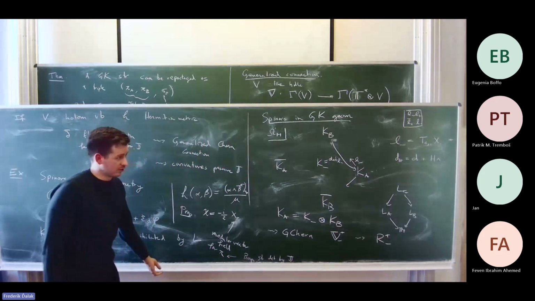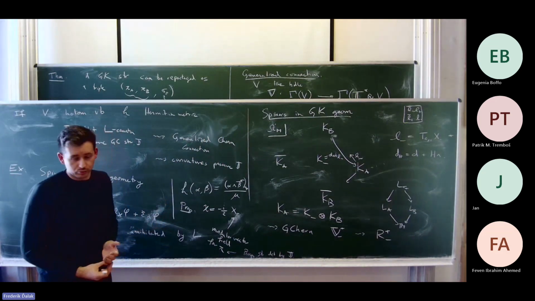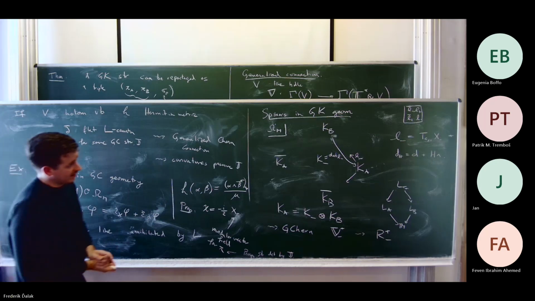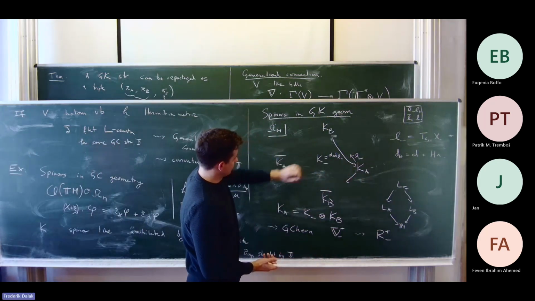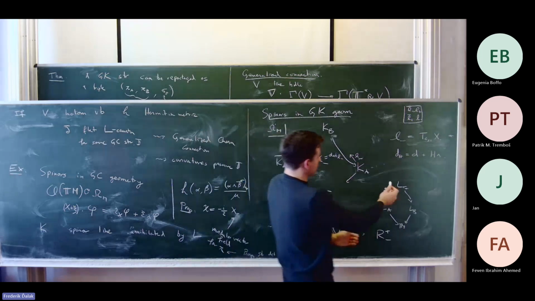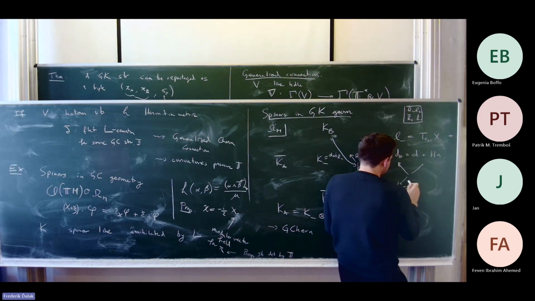This is an operator on the differential forms, which doesn't preserve the Z grading anymore. That's broken, but it's still Z2 graded at least. And with respect to this decomposition of the differential forms, this decomposes into 4 pieces going in different directions.